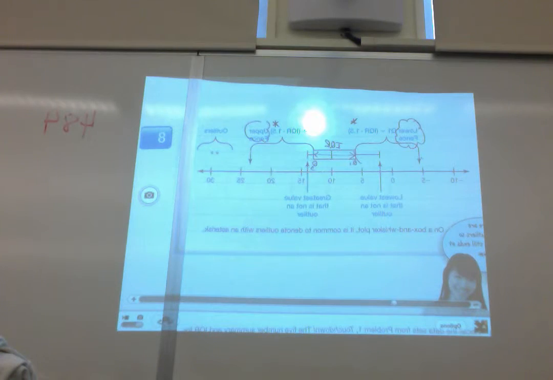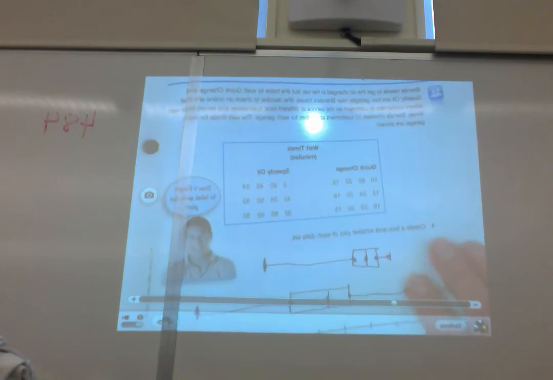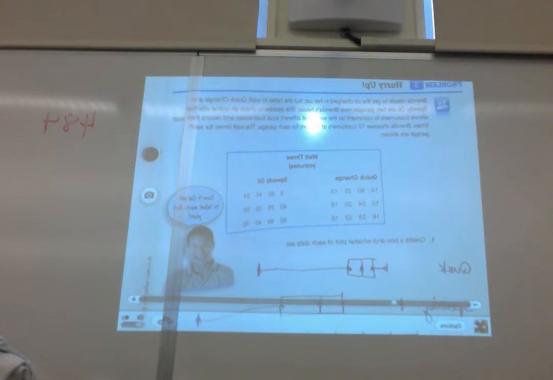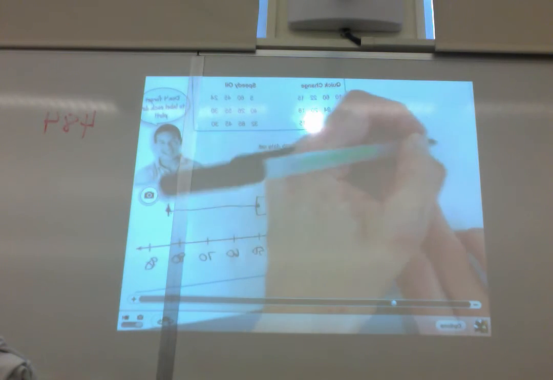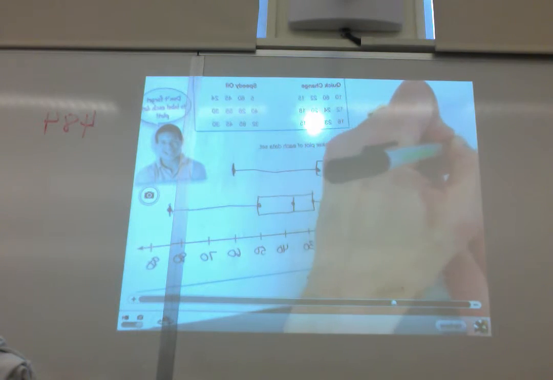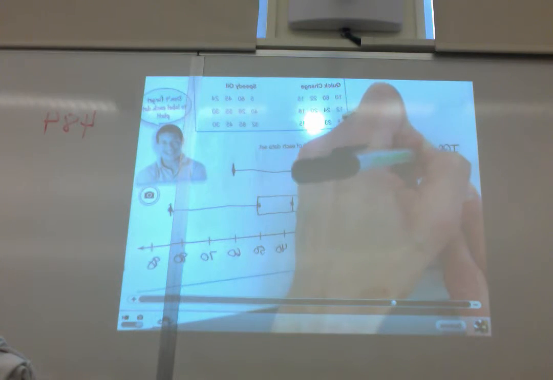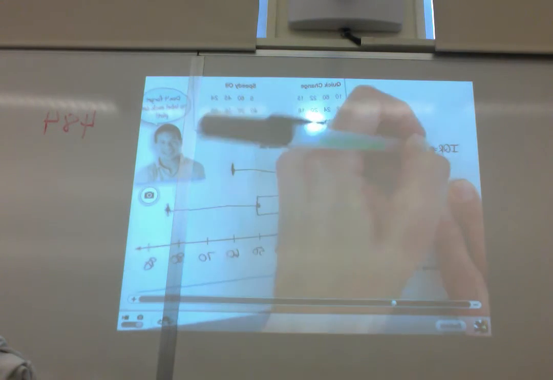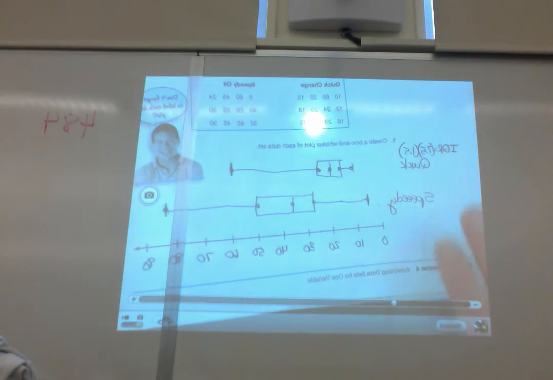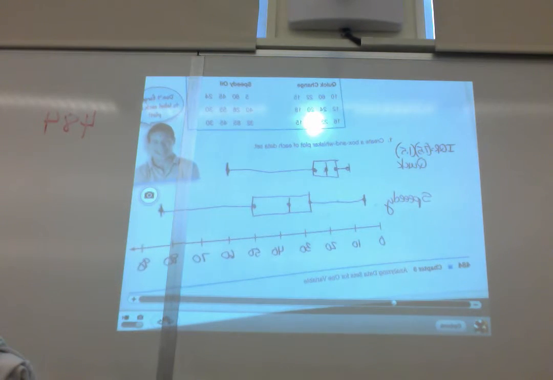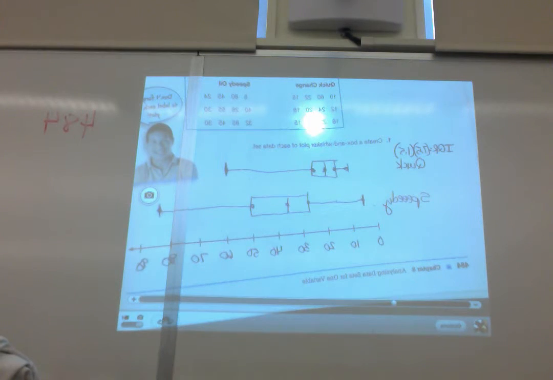So again, let's take a look at this data. We said our IQR for quick is 7.5. If we times it by 1.5, we get the distance we're supposed to go down for the lower fence and up for the upper fence.